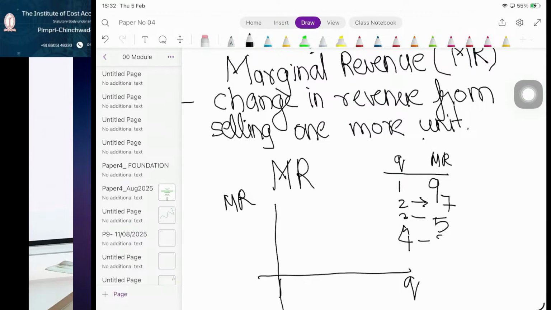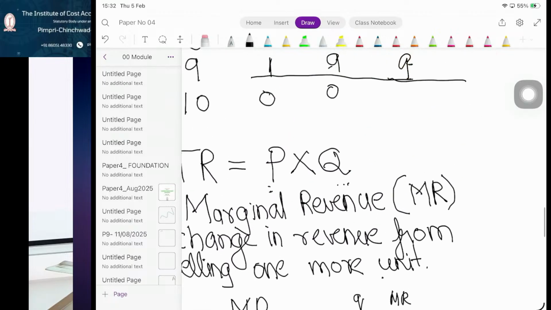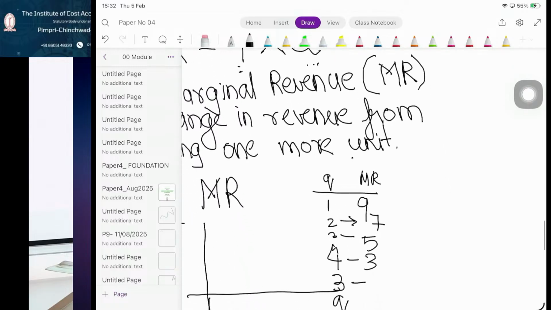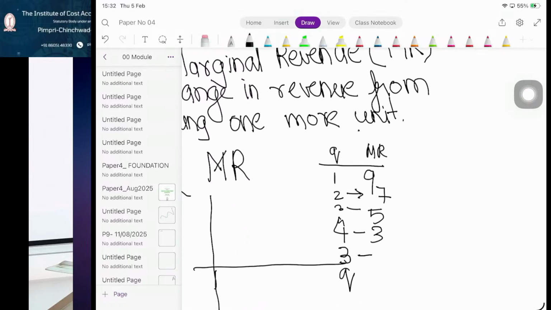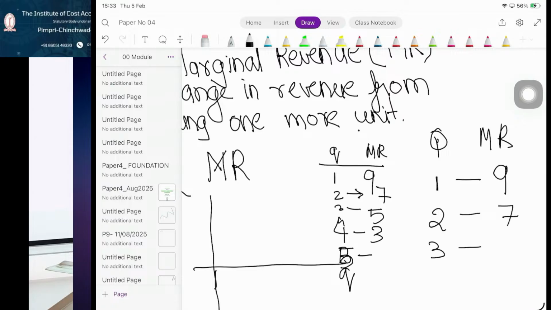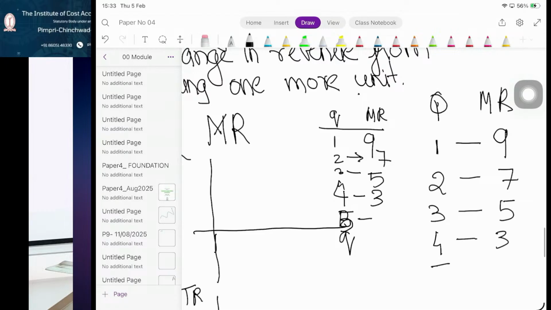For 5, it is 1. So: 1, it is 9; 2, it is 7; 3, it is 5; 4, it is 3; 5, it is 1.